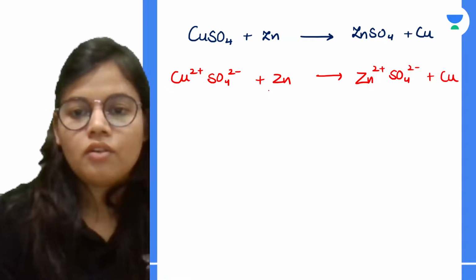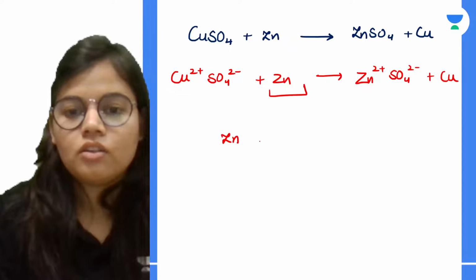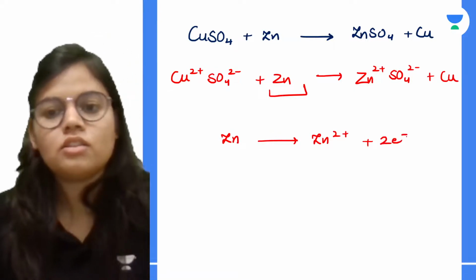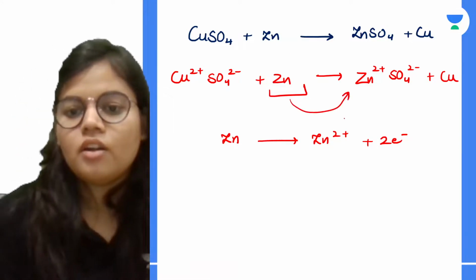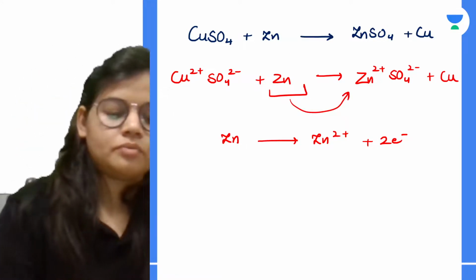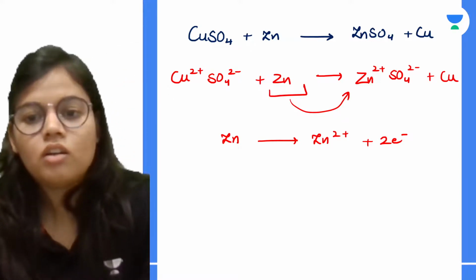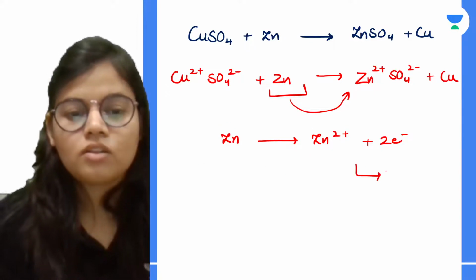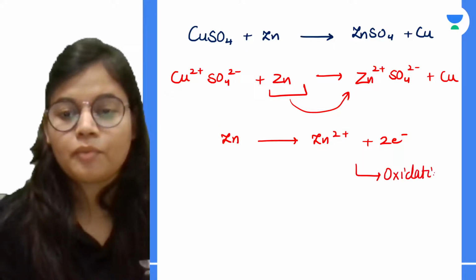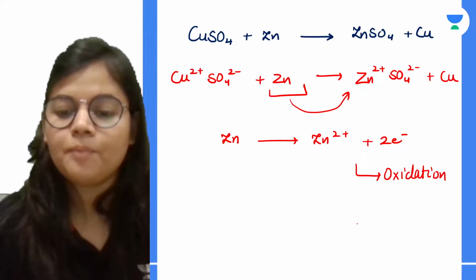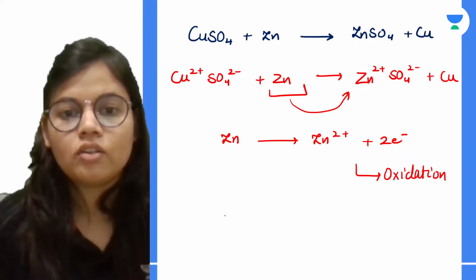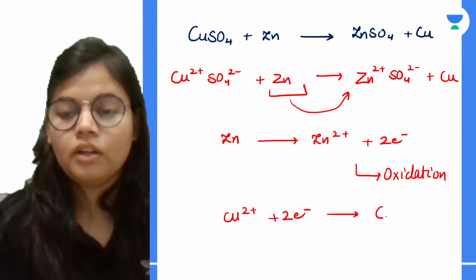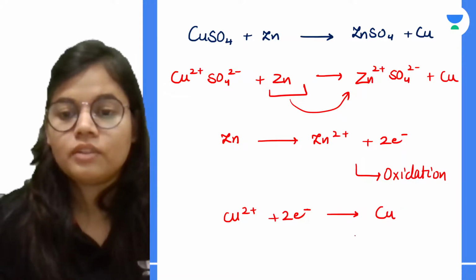Now see, from zinc to Zn2+ plus 2e-, this is what I can write, which means the loss of electrons is happening. So this can be termed as the oxidation process. And here Cu2+ is gaining 2 electrons to give copper, which is reduction.